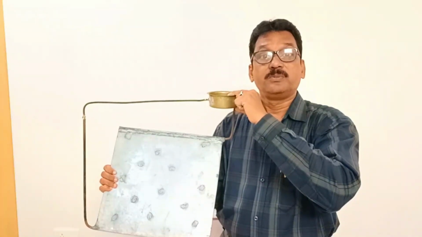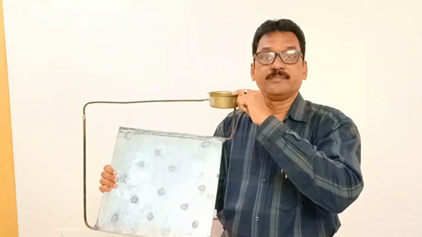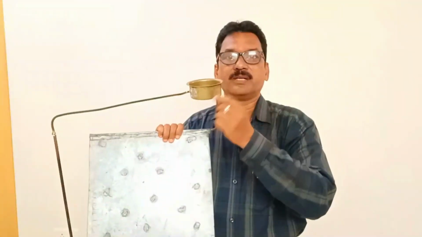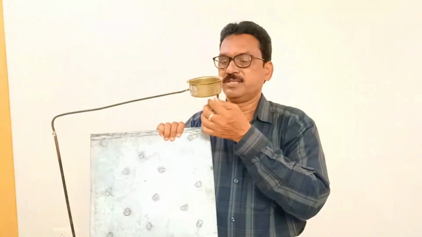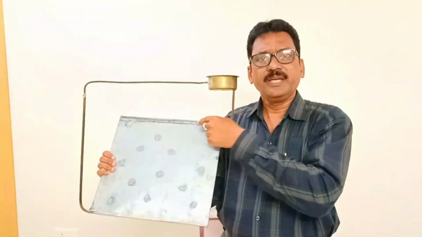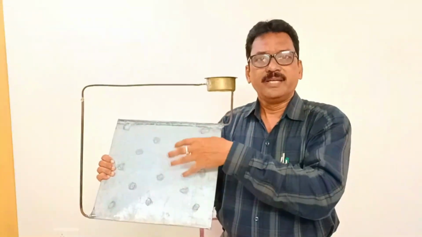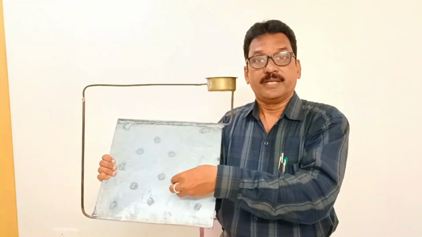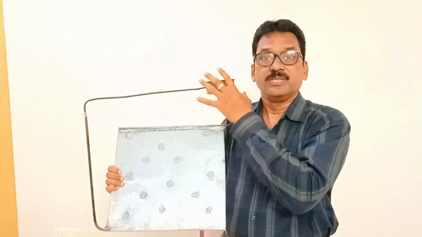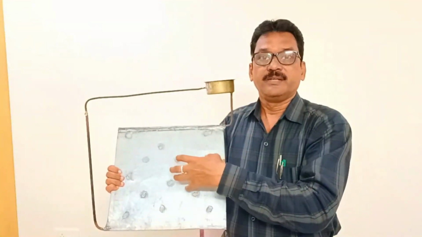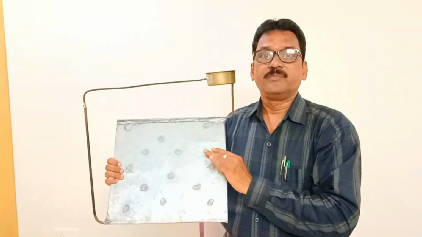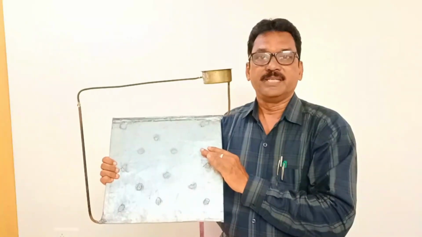But due to the difference in density, the hot water flows on the top surface, and the cold water, due to high density, comes down and flows through the top header. Again it flows in between these two plates, again it receives heat and is heated up, and due to less density it rises through this and reaches here. In this way the water is heated using solar radiation. So this is also one solar water heating system.